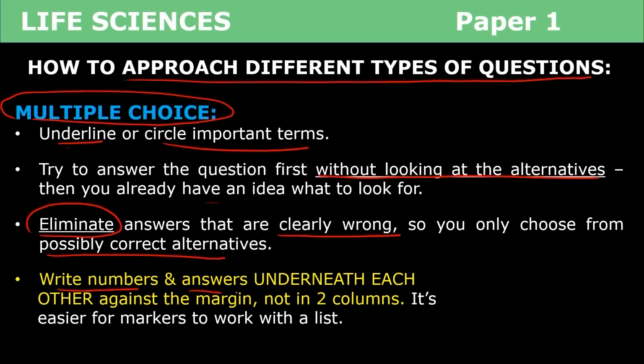Write numbers and answers underneath each other against the margin, not in 2 columns. This makes it easier for markers to mark a list, and when you have your answers in columns you're most likely to make mistakes, so keep it as a list.